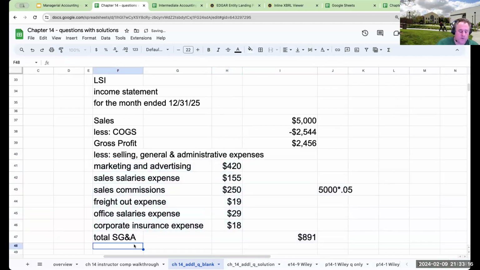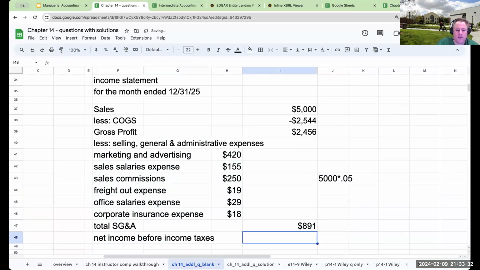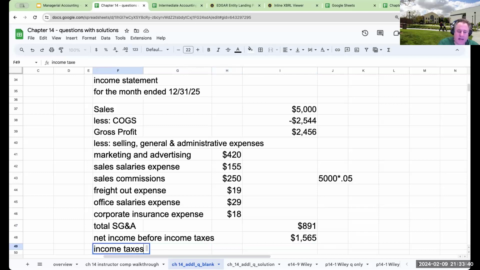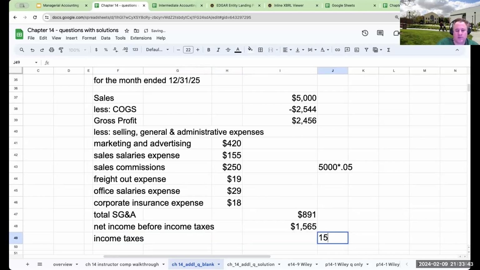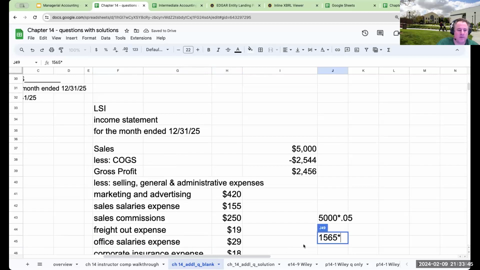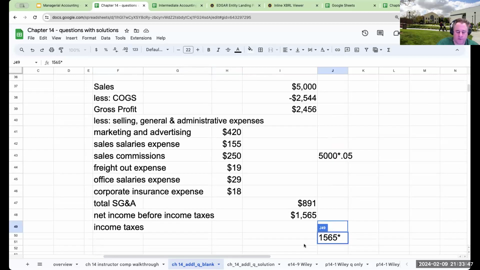Okay. So my net income before, actually, this would really be operating income, but we don't have any interest expense or other revenue. So my net income before income taxes is going to be 2456 minus the 891, or 1565. So my income taxes is going to be 1565 times 25%.